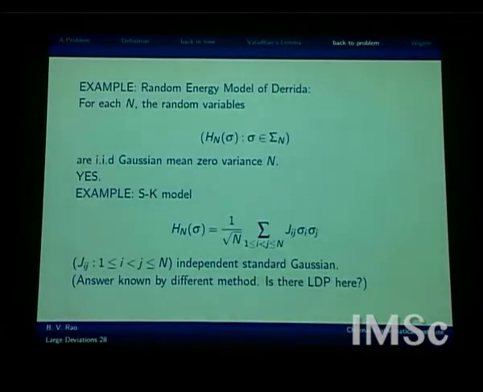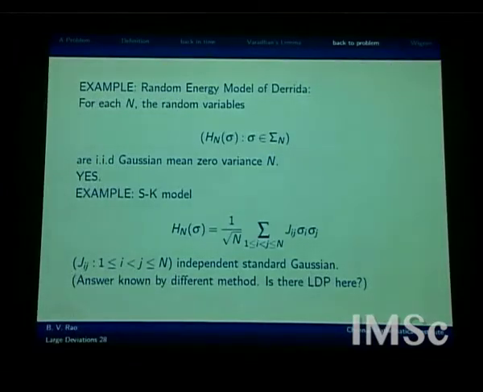Therefore, because the Jij are independent, the total variance is n into n minus 1 by 2. If you look at the variance of this, the factor 1 by root n squared comes out, since the variance of alpha x is alpha squared times the variance of x. Therefore 1 by n times n into n minus 1 by 2 is also of the order of n. So there is nothing silly going on there.